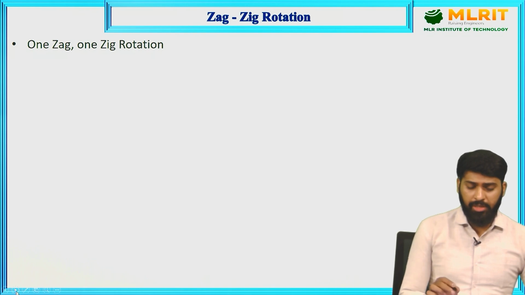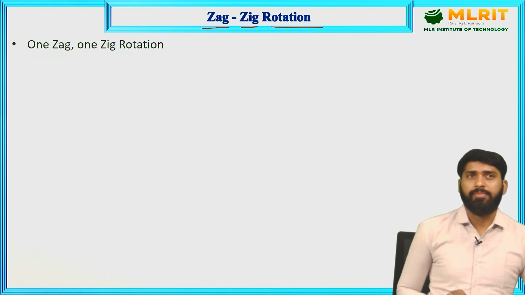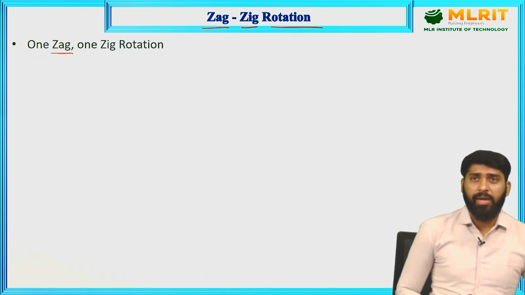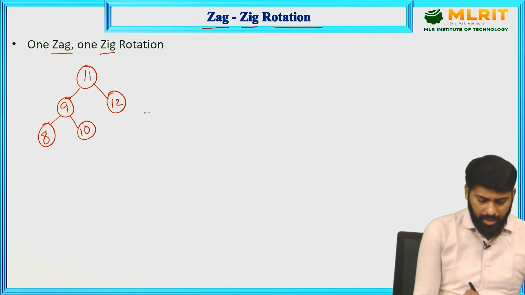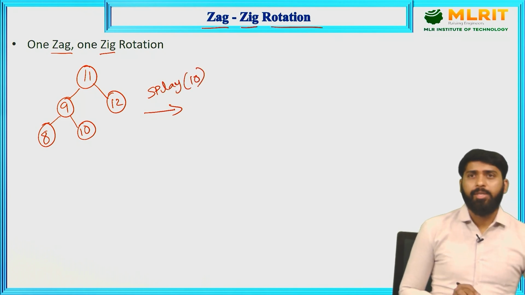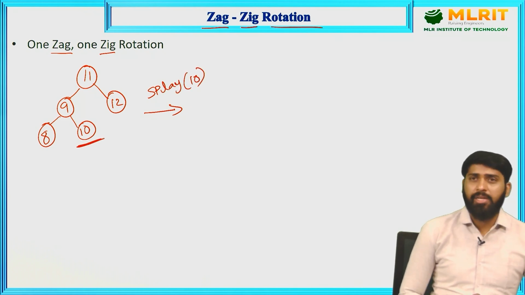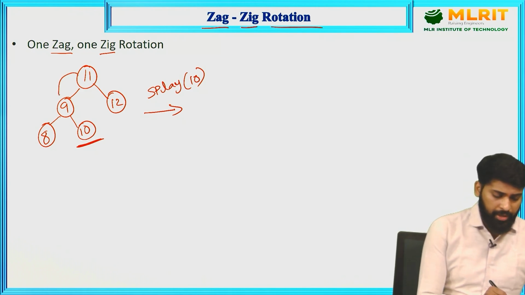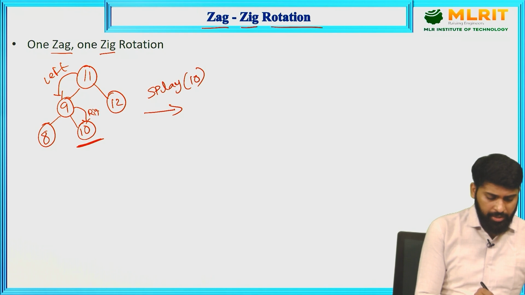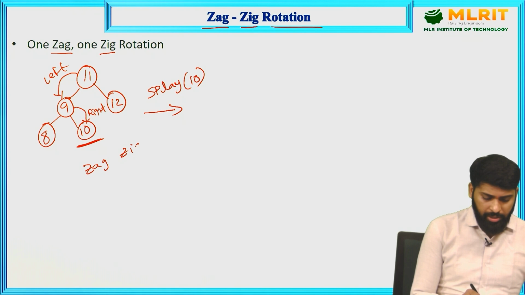Next rotation is zag-zig rotation: one zag and one zig rotation. Consider this tree and splay 10. Splay 10 means I want to make 10 the root. Now identify: this is left and this is right, so the rotation is zag-zig. Zag means left, zig means right.